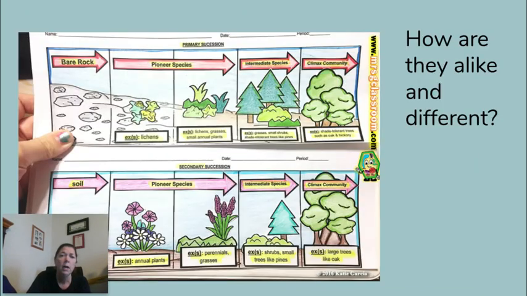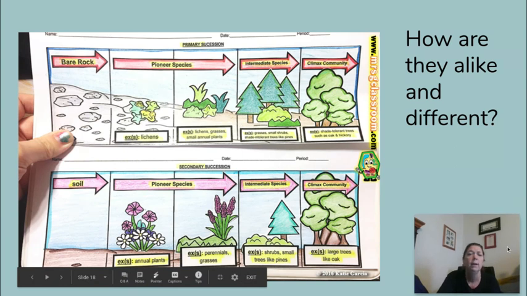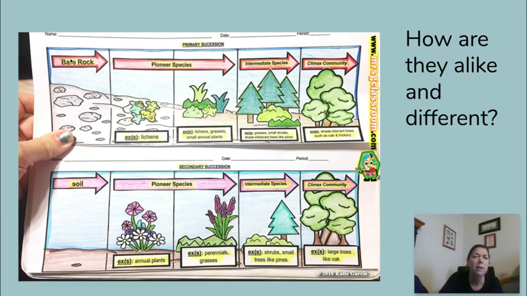Okay. Here's a good picture side by side where you can actually compare the two. So at the top, we have primary. Again, remember, this is going to be rock, things like volcanic eruptions, glaciers. As a glacier comes down a mountainside and it's carving out, all it's leaving is a trail of rock. So over time, lichens and moss will break that rock into soil.